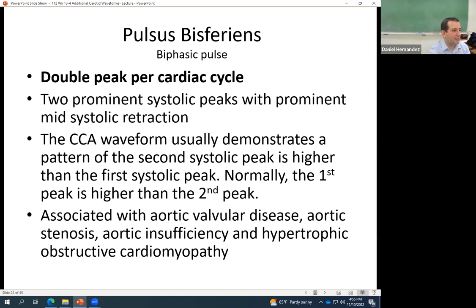So this double peak is actually a normal finding, but you just have to be aware of which one peaks higher. So normally in a patient that does not have this condition, the first peak is higher than the second one. But if you see that second peak higher, then this is that condition, pulsus bisferiens.